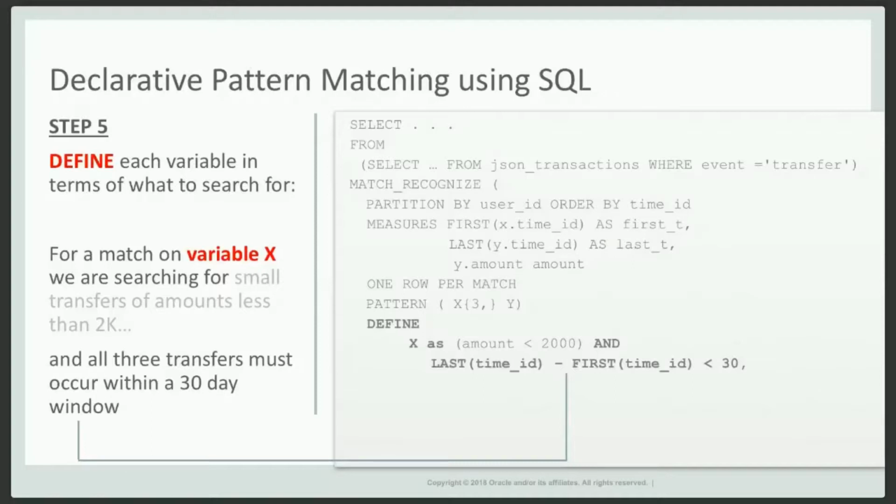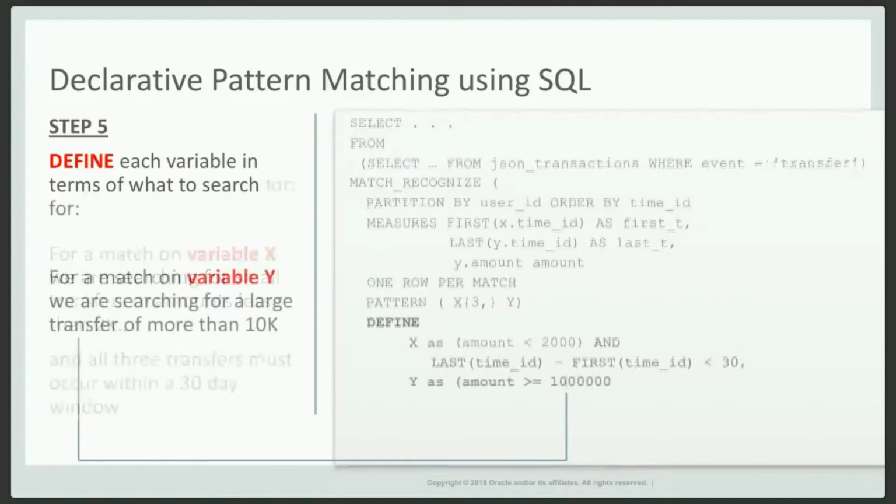So I'm going to keep on matching 2,000, 2,000, 2,000, and 2,000 until I've got at least 3, and then check that the last time ID minus the first time ID is less than 30. So I'm stepping back through my rows, having matched patterns, to check the time IDs. So that's my first business rule.